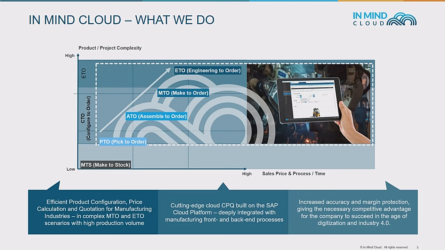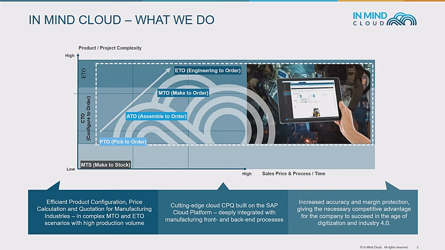On the left side, from configure to order or make to stock up to engineering to order, the product complexity rises. With a product that has high complexity, you also have a high price and delivery time. You can differentiate between a very simple product like the sneakers you have on, up to a completely engineered machine, which requires a lot of pricing and other information to produce a product which maybe doesn't even exist in the ERP system.